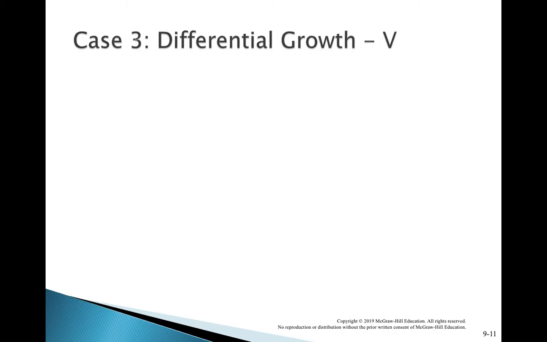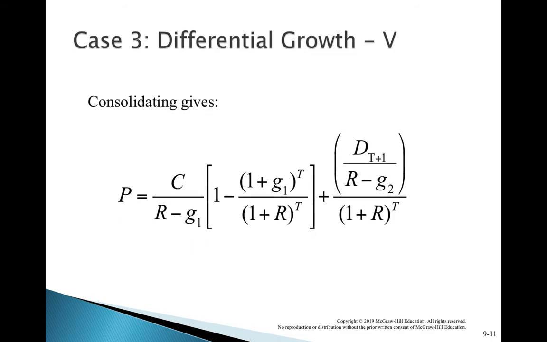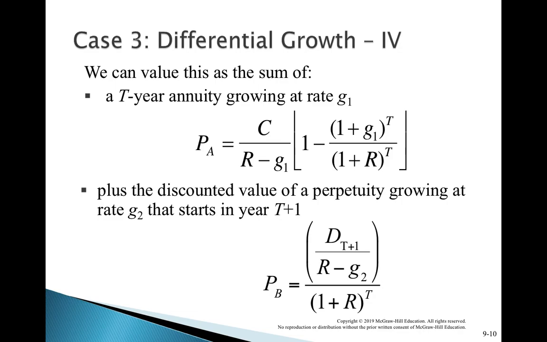How? We will do it through the example. Then consolidating both of them, there are two parts of the formula. First one, the present value of the dividends at the G1 growth, that becomes an annuity. So present value of the annuity plus the dividend at the second growth stage as the perpetuity.